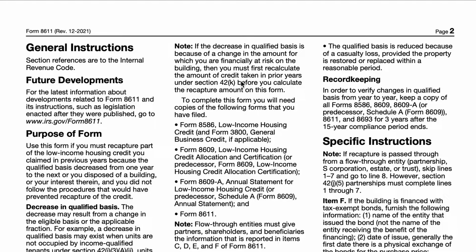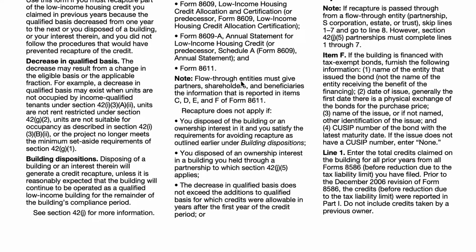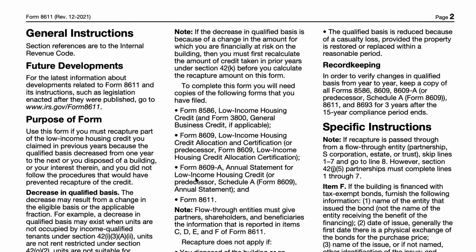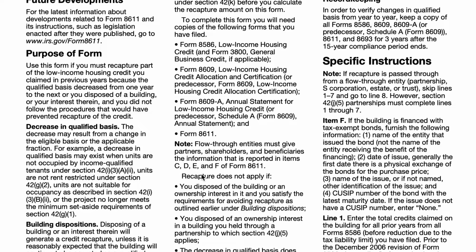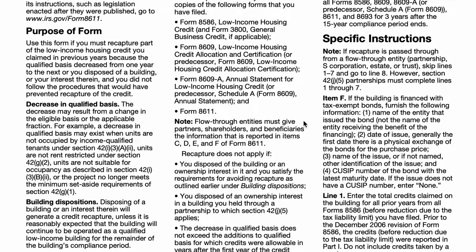You do not have a recapture that applies if you satisfy the requirements for avoiding the recapture as outlined in building dispositions. You also would not have recapture if you disposed of an ownership interest in a building that you held through a partnership to which Internal Revenue Code 42(j)(5) applies.